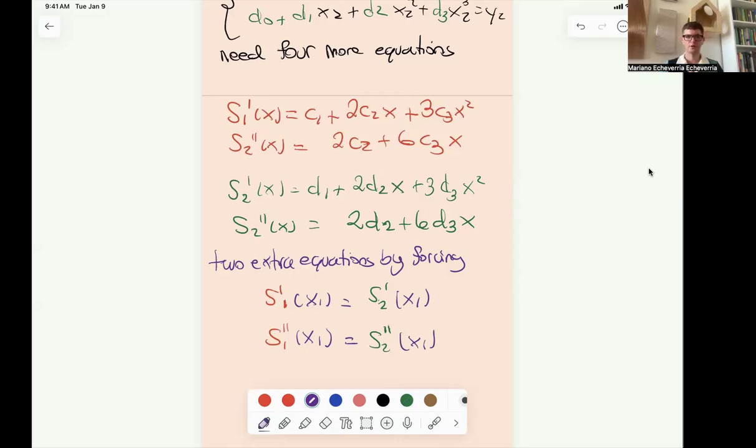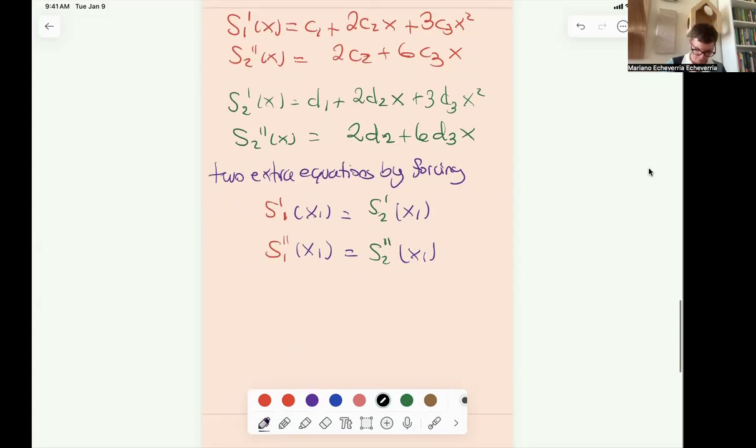Okay, and so what do they give you? If you just substitute here, you would get c1 plus 2c2 x1 plus 3c3 x1 squared.